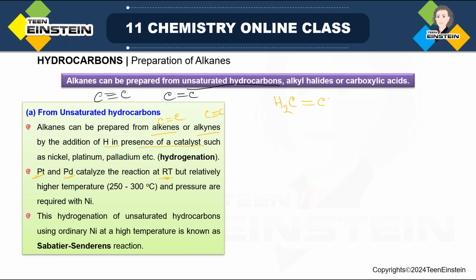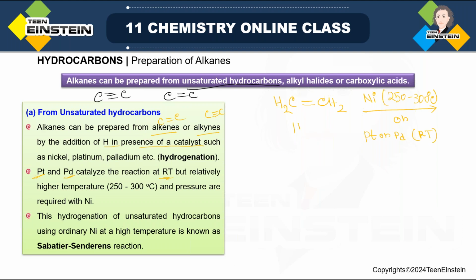Take a very simple alkene, the first alkene, ethylene, and in the presence of nickel, the temperature should be high, in centigrade, or alternatively, if you take Pt or Pd, it will be room temperature.